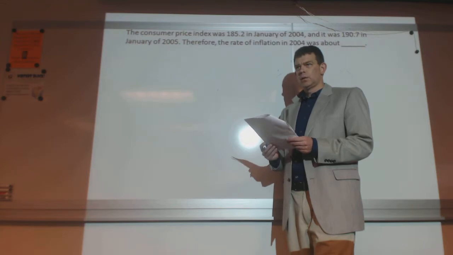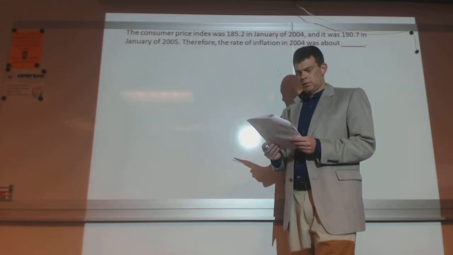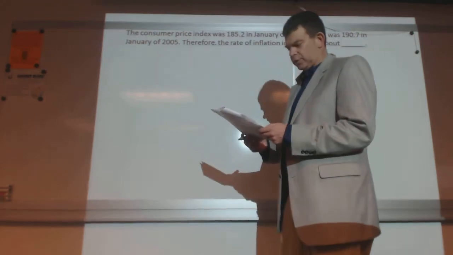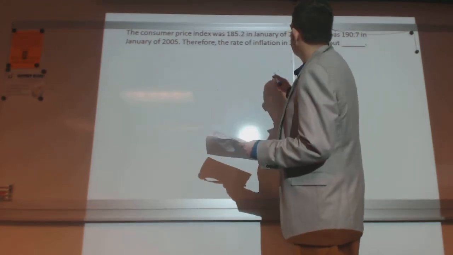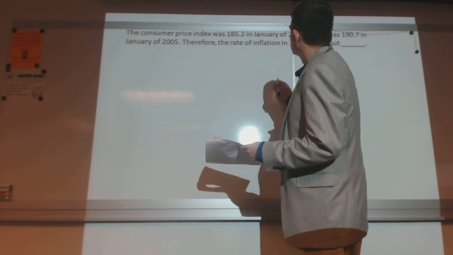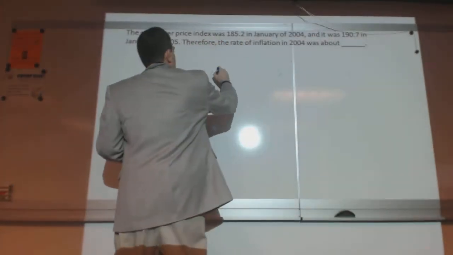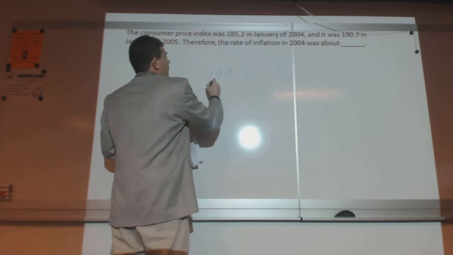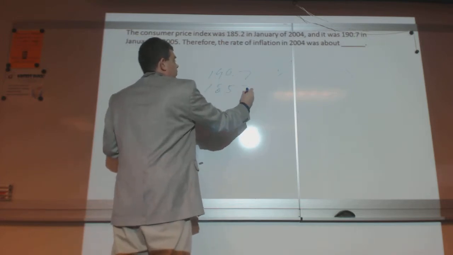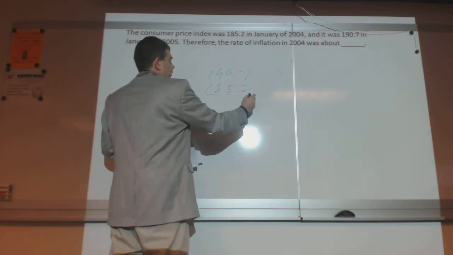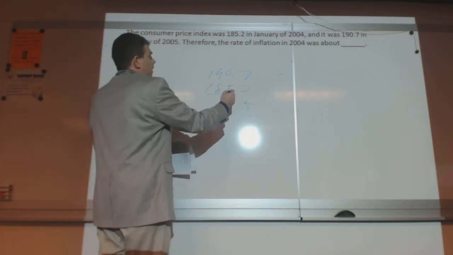Is that what you got, Lincoln? That's not what I got. I got 197. Okay, we got all sorts of interesting answers here. Wait a minute, hold on. We take new 190.7 minus 185.2, right? So that should have been what?